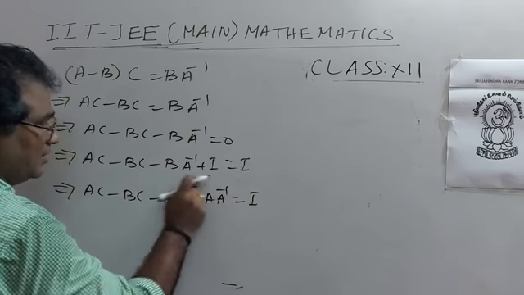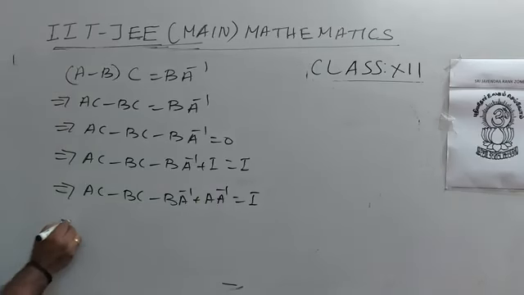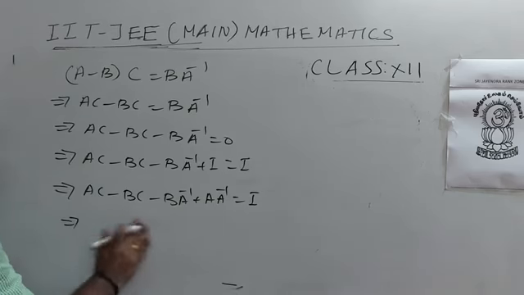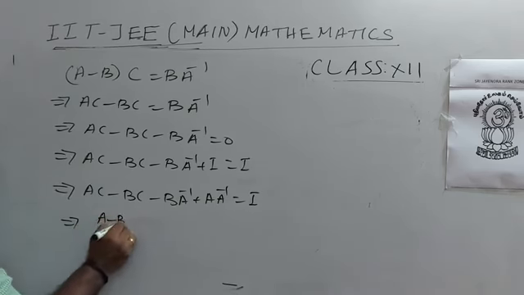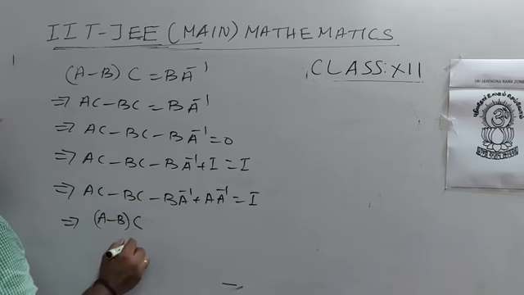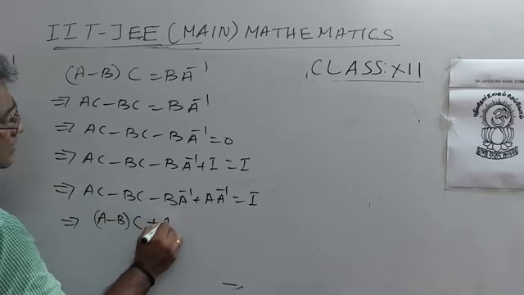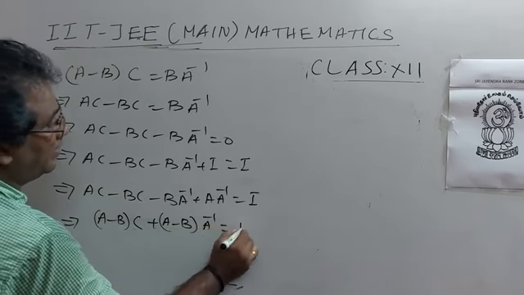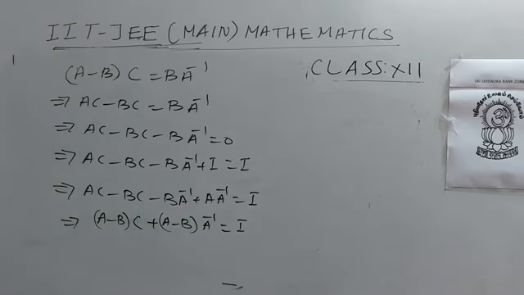Since AA inverse equal to I, we get (A minus B) into C plus (A minus B) into A inverse.